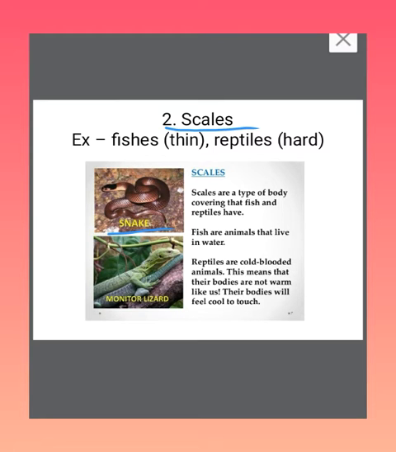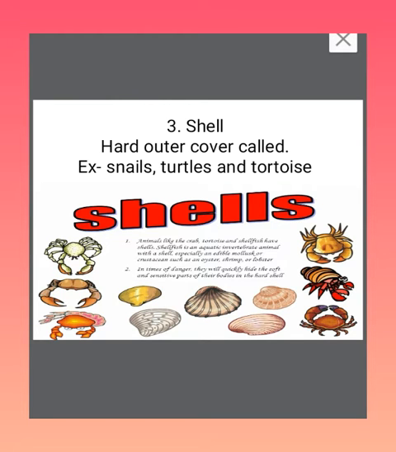Now third, we are going to talk about a shell. You all know how a shell looks. These are the pictures over here. Shells are the hard outer cover. For example, you can see snails, turtles, and tortoise.